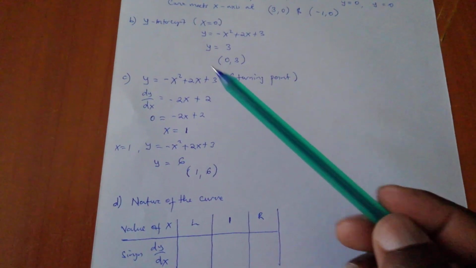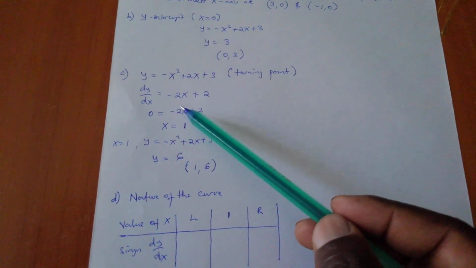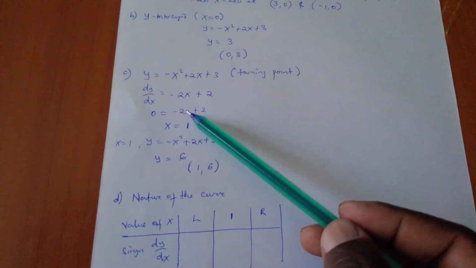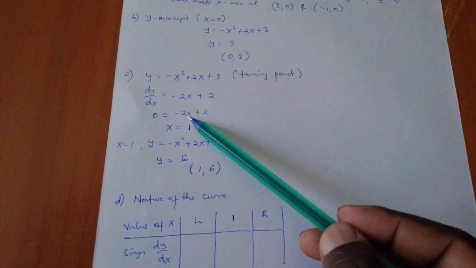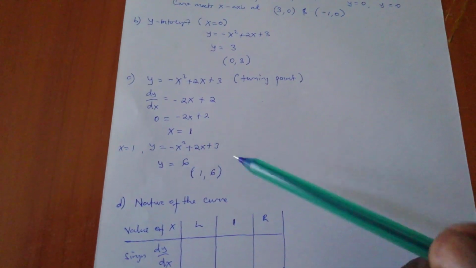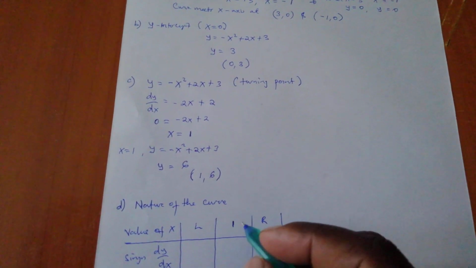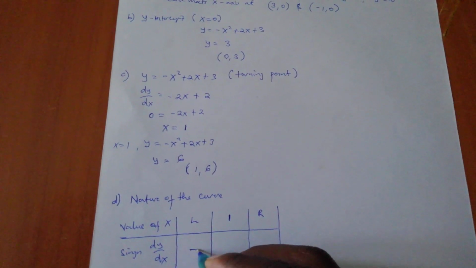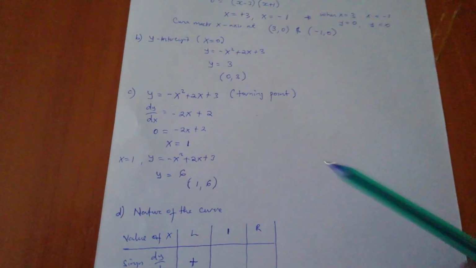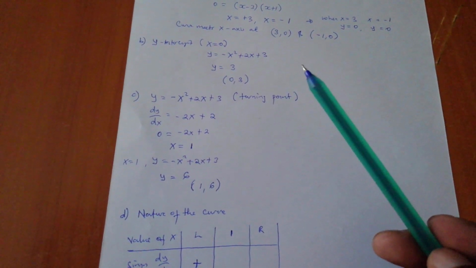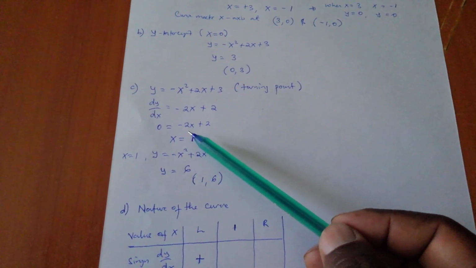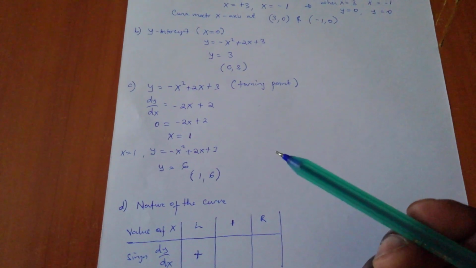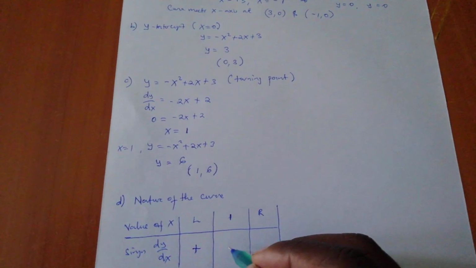So if I put 0 in dy dx, as x being 0, I'll be able to get a positive value. You all see that. And if I put 1 in the dy dx, I'll be able to get 0.